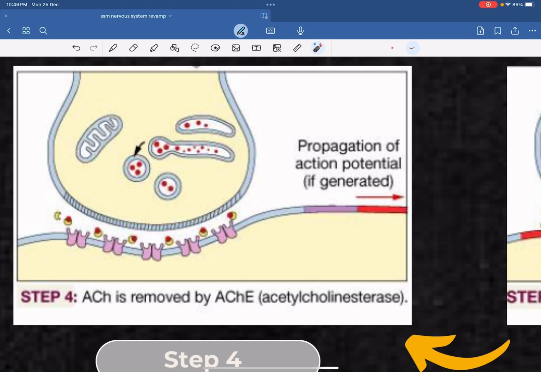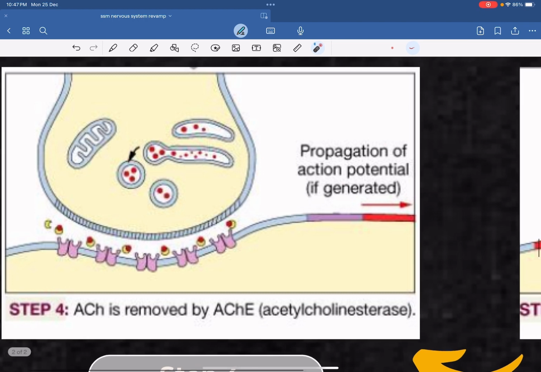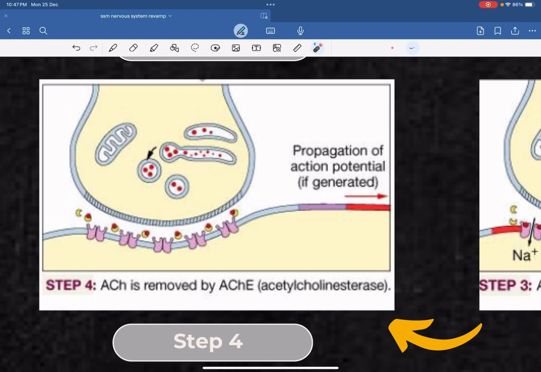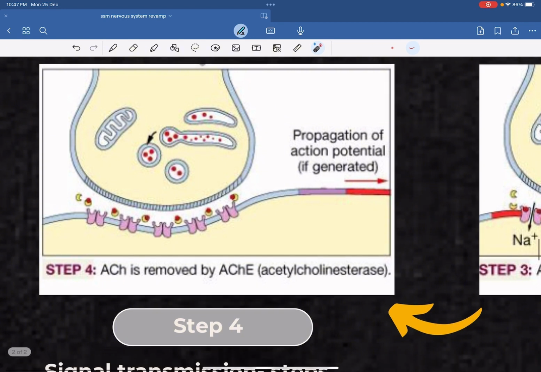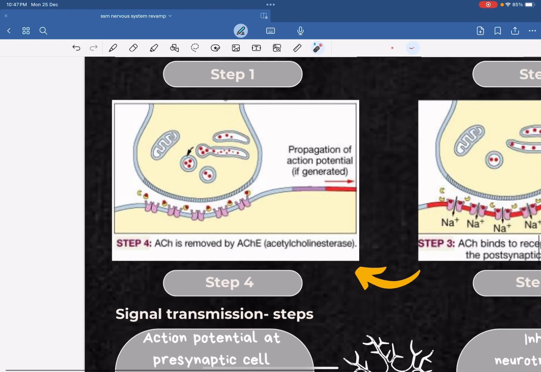Acetylcholinesterase will remove the acetylcholine that is bound to the nicotinic receptor, so that the sodium gate is closed. And then we know what happens after that, right? The potassium ions will be pumped out of the postsynaptic membrane, and this causes repolarization. And this gate will stay closed so that no more depolarization occurs. Alright.